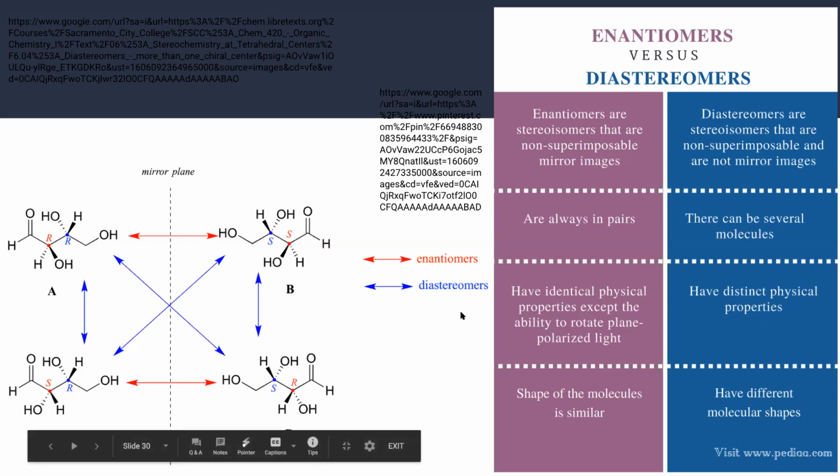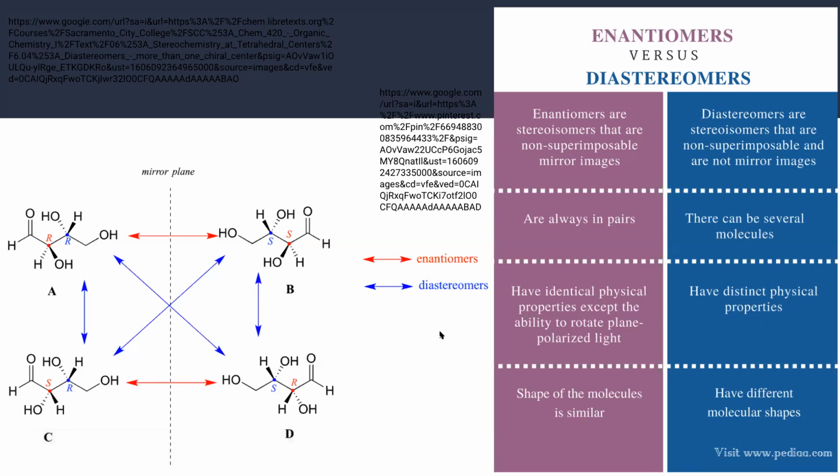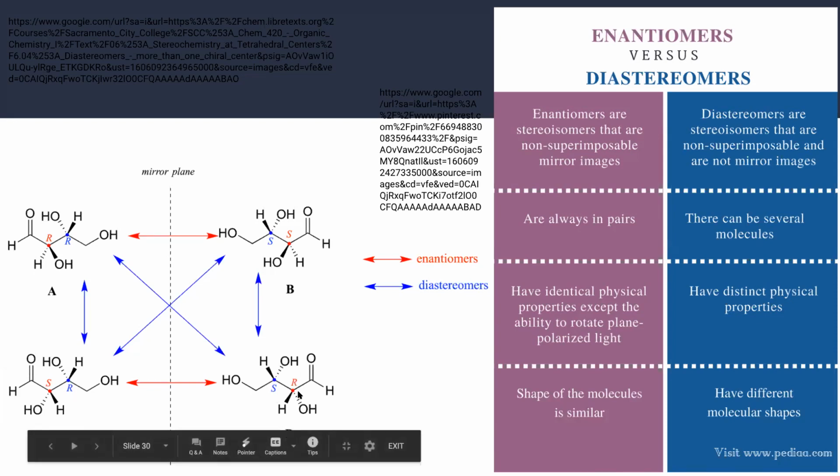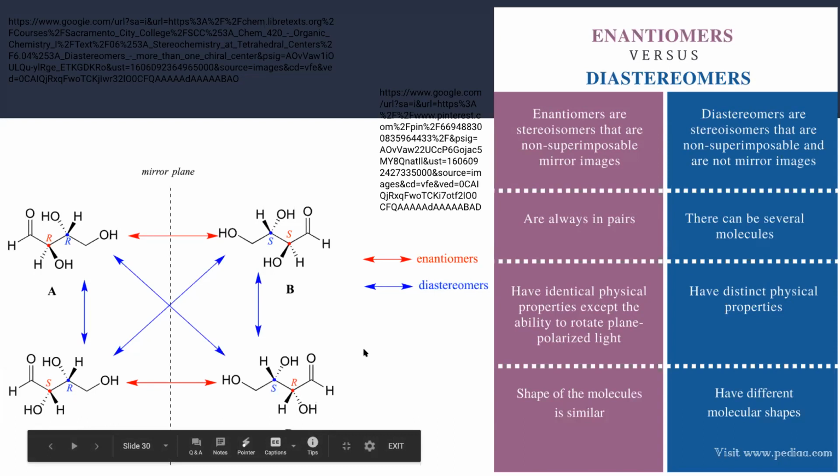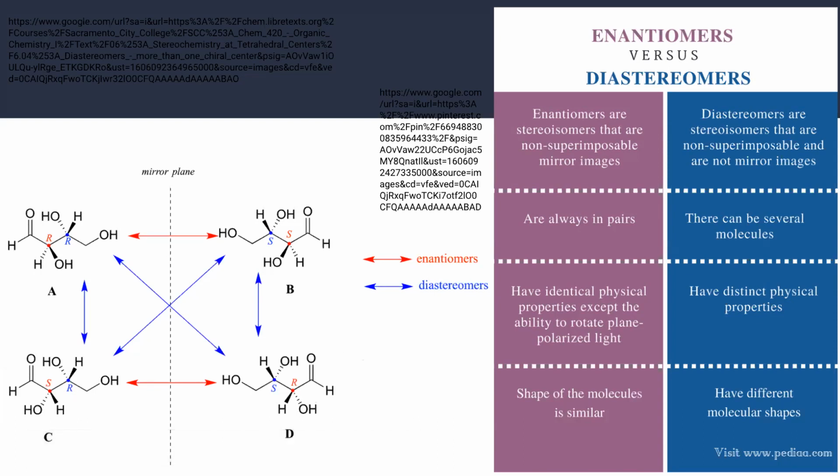So just to be clear, you said for diastereomers, one of them is the same, and one of them is the opposite? Not all of them are opposites, but one of them is the opposite. So what would be the difference between the epimer and the diastereomer?